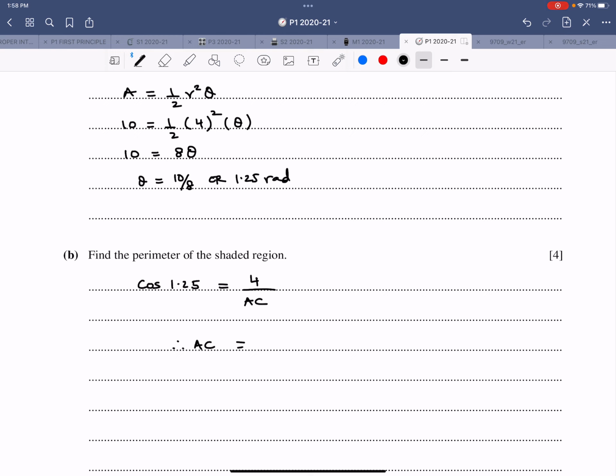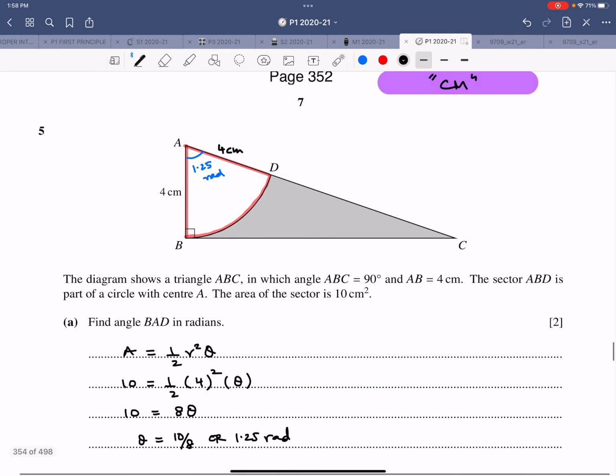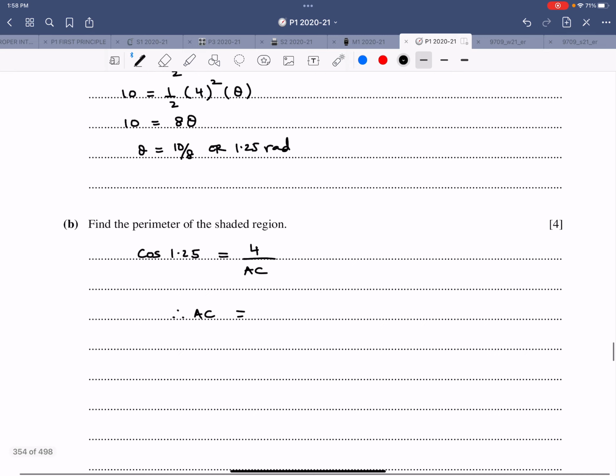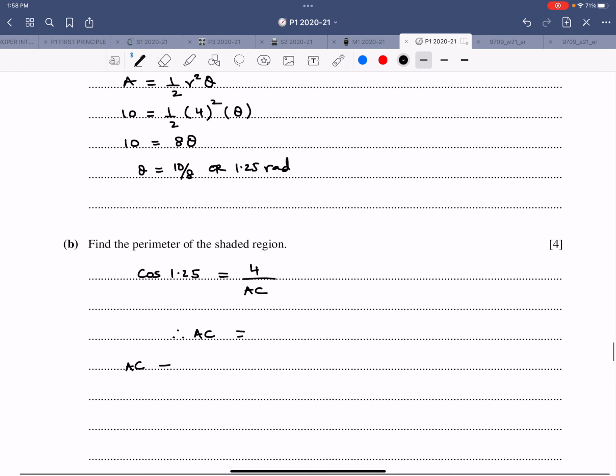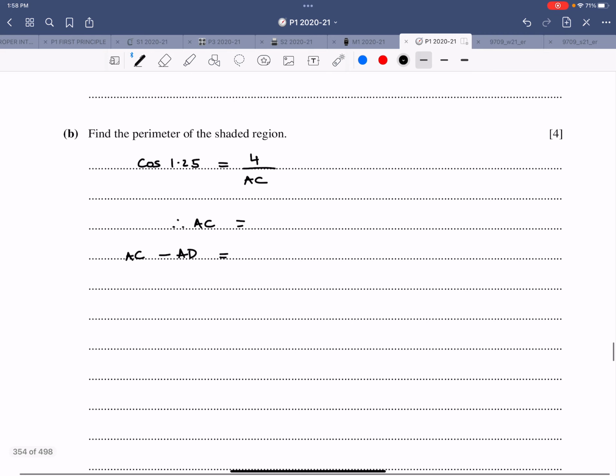Once I get the value of AC, that is one thing that I need. And out of AC, if I subtract AD, so AC minus AD, that is equal to DC. So that is one of the things that we will get.